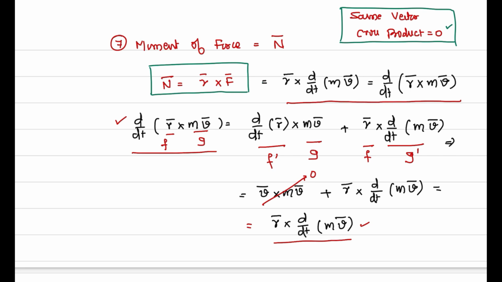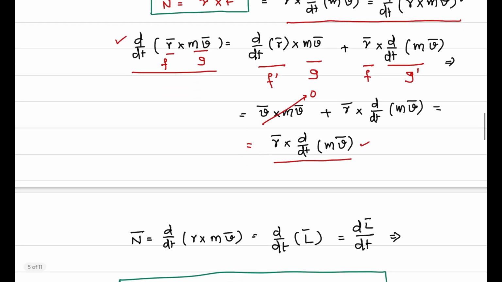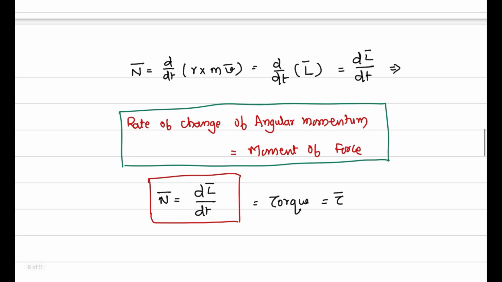Hence, N is equal to d by dt of r cross mv. This is the final equation. r cross mv is nothing but L, so N is equal to d by dt of L. That means rate of change of angular momentum is equal to moment of force. Moment of force is dimensionally equal to torque.